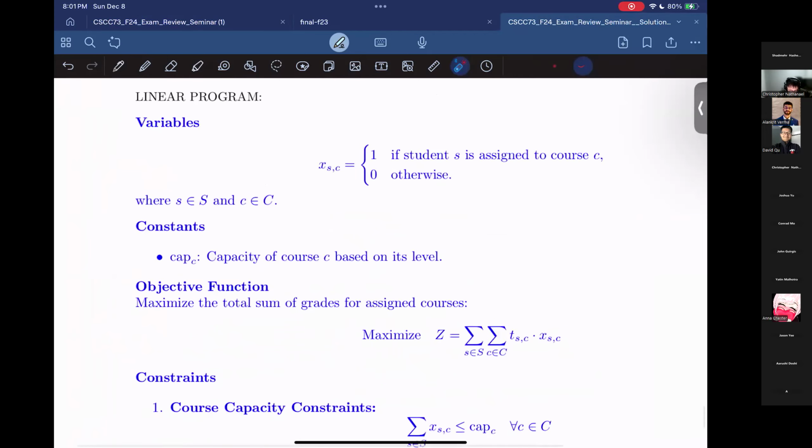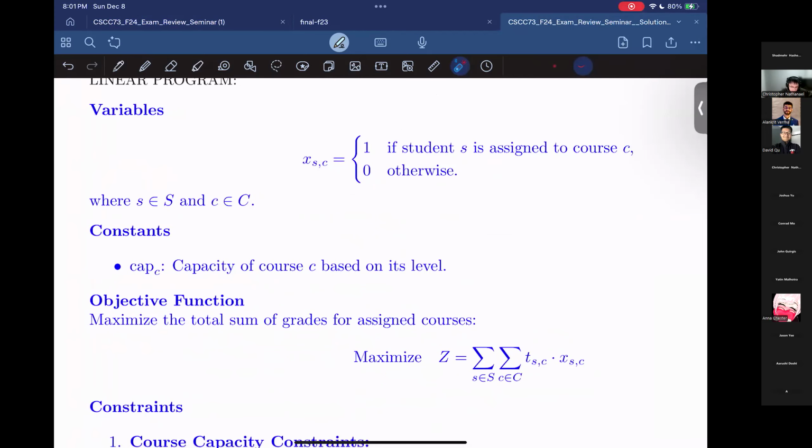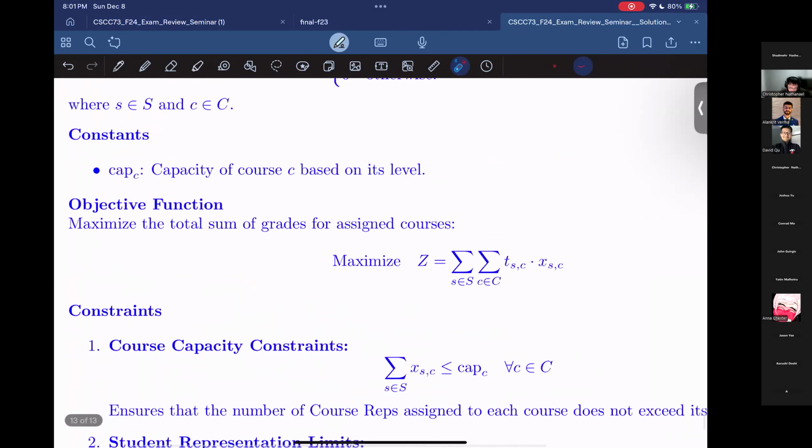And the objective function is to maximize Z, which is the total sum of grades for assigned courses. It's the same as what we saw in the past exam paper. So, constraints.